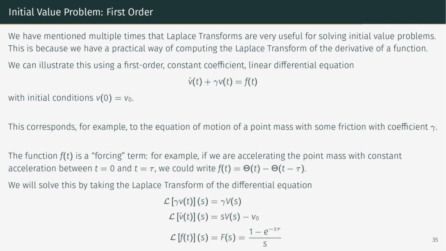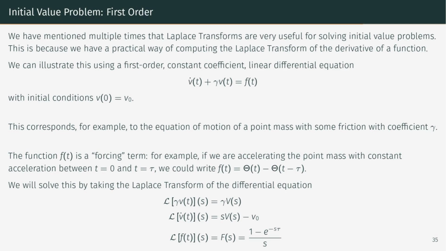We will solve this by taking the Laplace transform of the differential equation. The Laplace transform of gamma v of t equals gamma V of s. The Laplace transform of v dot of t equals s V of s minus v0.